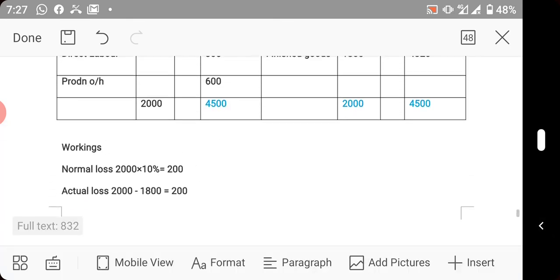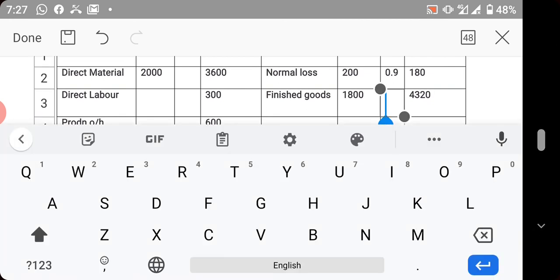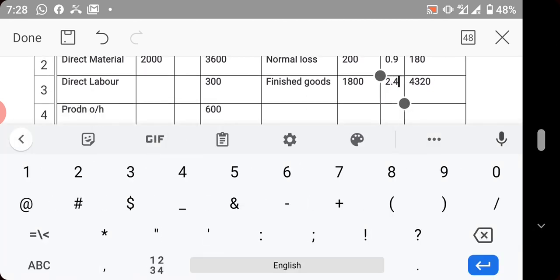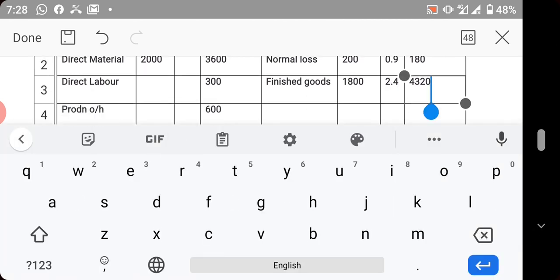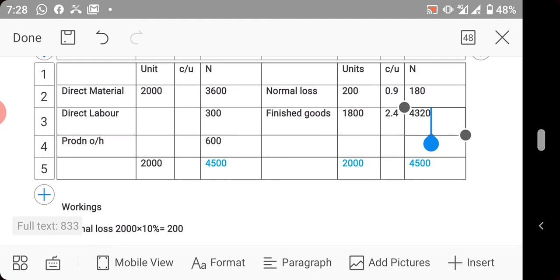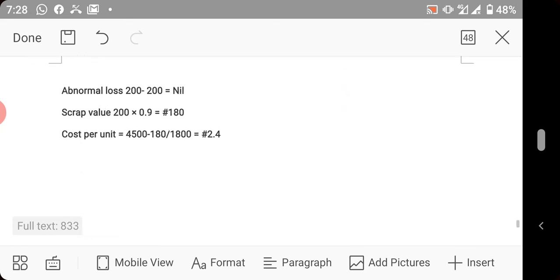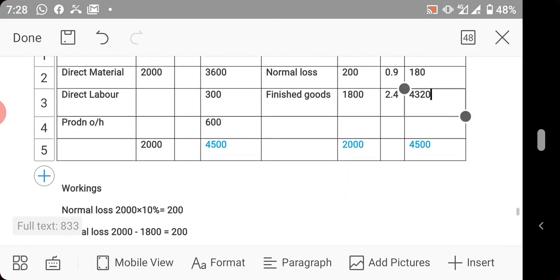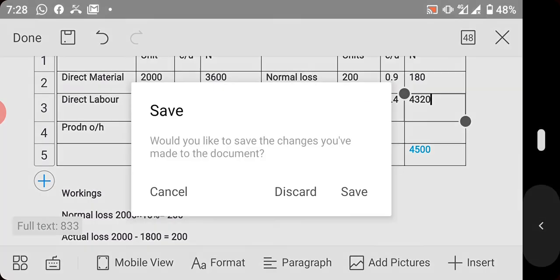So if you come back here and multiply 2.4 by 1800, you have 4,320. So it's balanced. So 4,320 plus 180 will give you 4,500. So as I said, the process costing will always balance by itself. You understand? The process costing will always balance by itself.